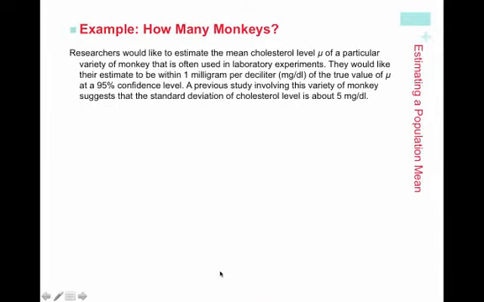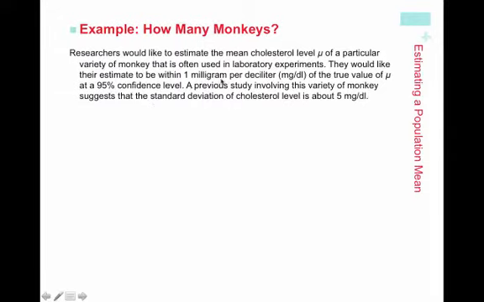So here's an example. How many monkeys do we want? Researchers would like to estimate the mean cholesterol level of a particular variety of monkeys that is often used in lab experiments. They'd like their estimate to be within 1 milligram per deciliter. So this is our margin of error. We want to be within that much of the true value of mu at a 95% confidence level.